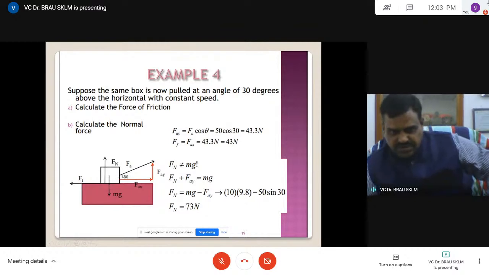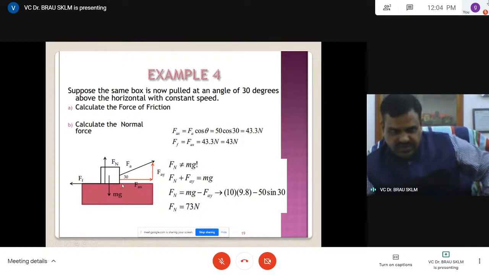And when it starts moving towards right, there is a frictional force acting opposite to that. That is F. This force you have to resolve into axial components FAX and FAY: FA cos theta and FA sin theta.